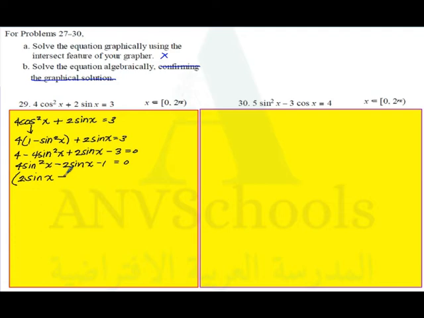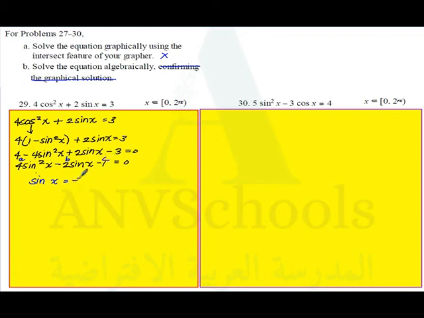So, in this case, let's use the quadratic formula, and our sine x would be equal to negative b plus or minus the square root. Okay, this is our b, this is our a, this is our c.